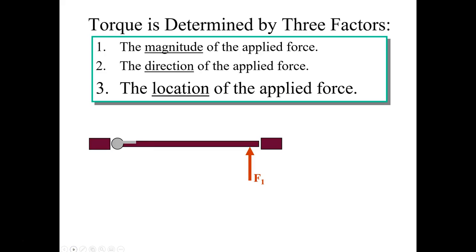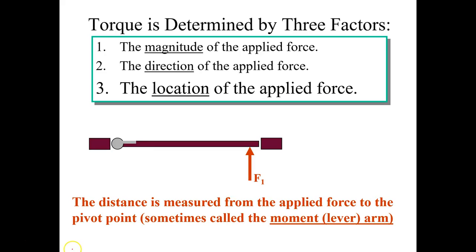And then finally, it depends on the location of the applied force. So how far are we from our pivot point? From the point where we're pivoting to our force, it's going to be directly proportional as well. The further away we are, the more torque we can produce, and you can see that with the door. If you push a door all the way at the handle, you can open that door very easily.